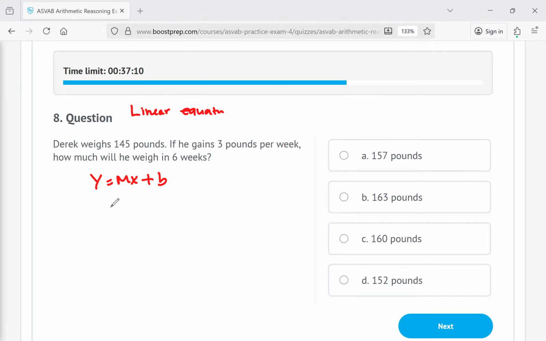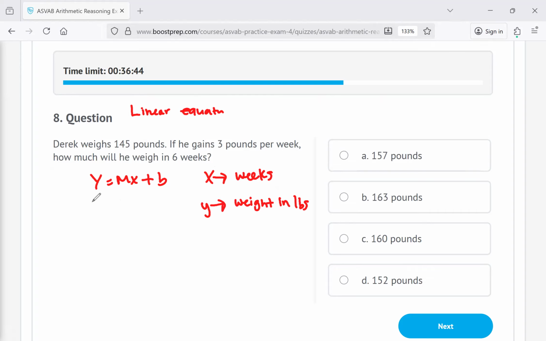So what do you think? Well, first let's label our variables. What is our x? Our x would be the amount of weeks. And what is our y? Pounds. The weight, right?